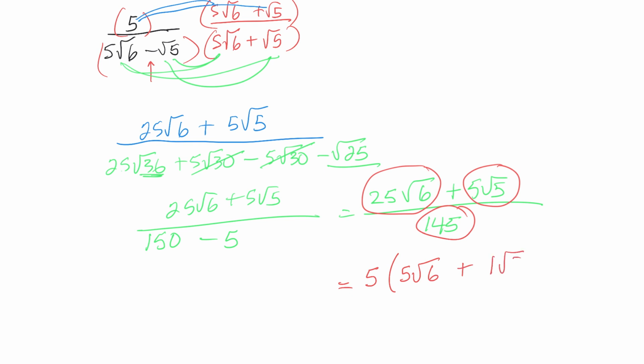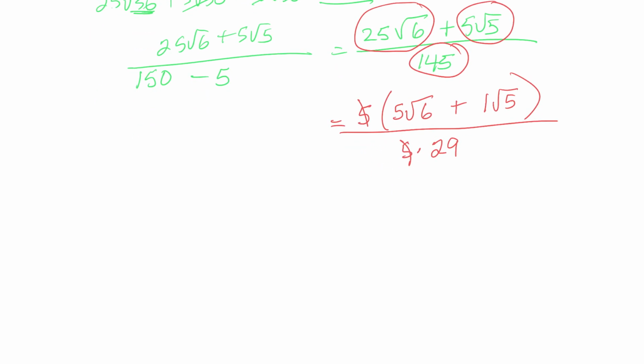Oh, root 5. Forgot the root 5. All over. On the bottom, 145 is 5 times 29, I think. Okay, and then these 5s cancel. So in the end, my answer will be 5 root 6 plus 1 root 5 all over 29.